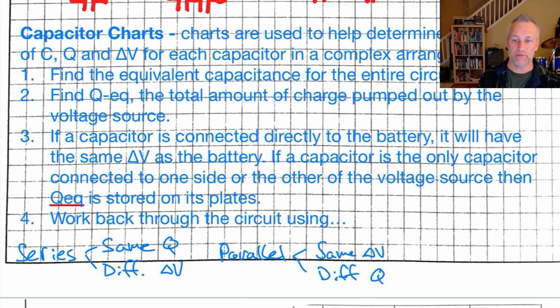Things that you want to keep in mind and pretty much absolutely know, have these memorized, is that when you're in series, capacitors have the same charge but different voltages. And when you're in parallel, they're going to have the same voltage and different charge.